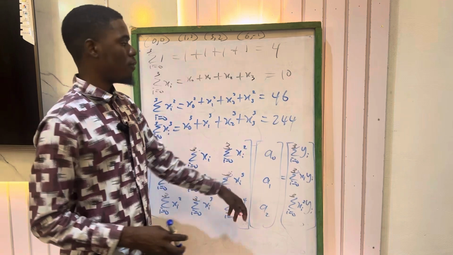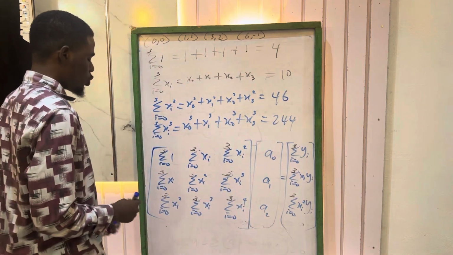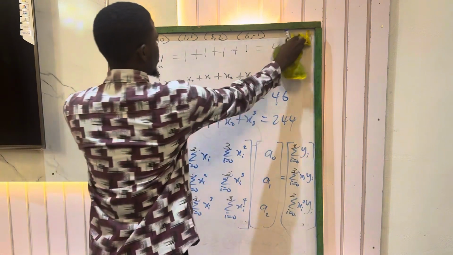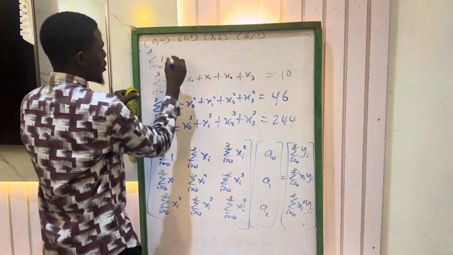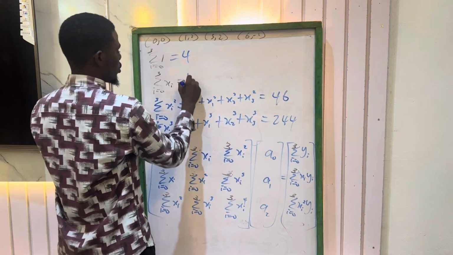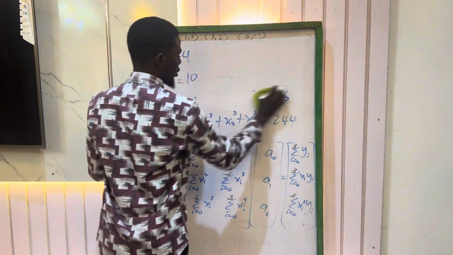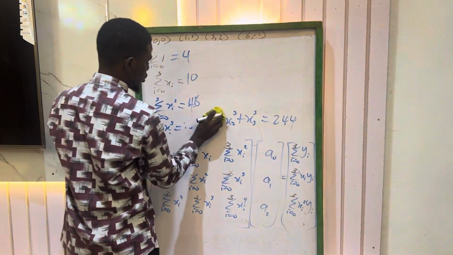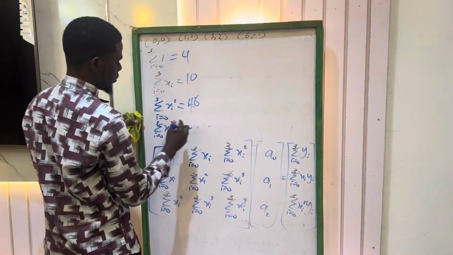That is when raised to power 4. So to solve that now, let me just make it some more compact. We already gotten for this, this is equals to 4. We already gotten for this, this is equals to 10. We already gotten for this equals to 46. Then this is also equal to 244.